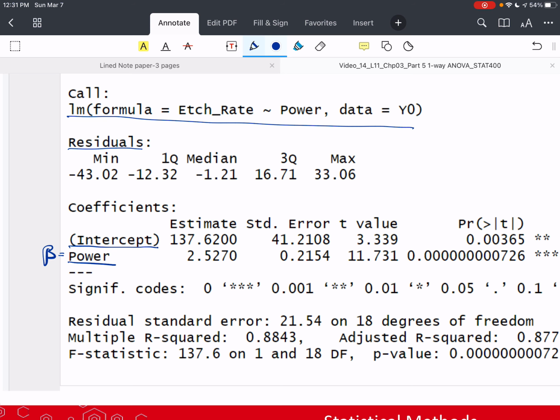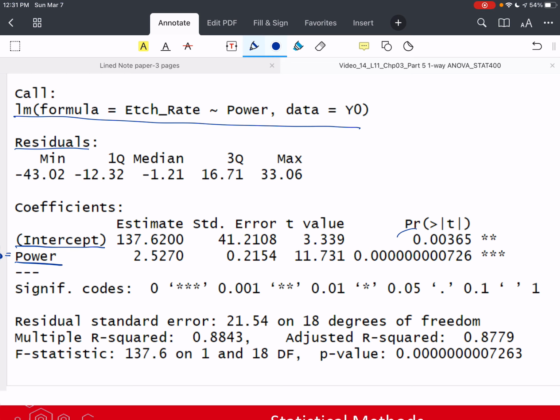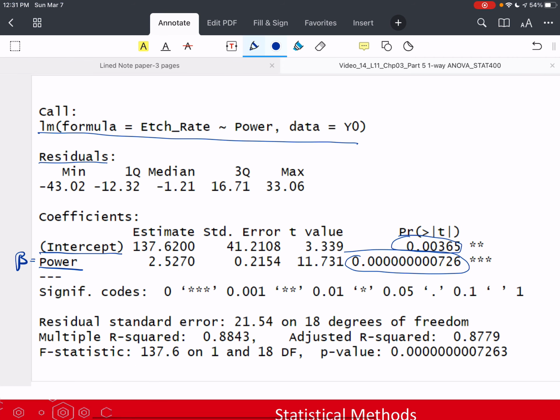So it's the intercept for power. And it tells us how significant the p-value is here. It's way less than 0.05, and look how small this one is. So power is extremely significant in estimating the etch rate, and the intercept is significant too. So that tells me that if the model fits, this is a good model.